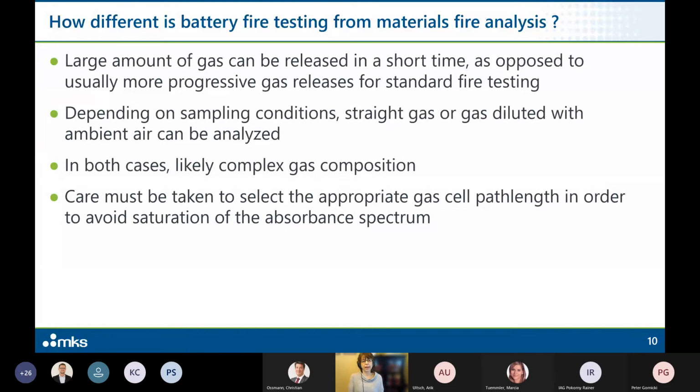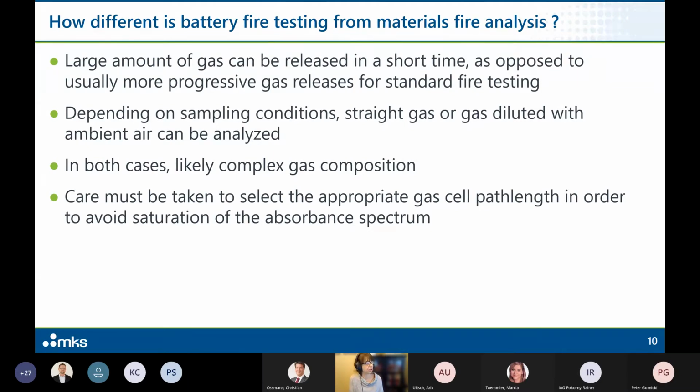If you compare how different battery fire testing is from material fire testing, in the case of a battery fire, if it's really a fire, a large amount of gas can be released in a short amount of time, as opposed to a possibly more progressive gas release for standard fire testing.